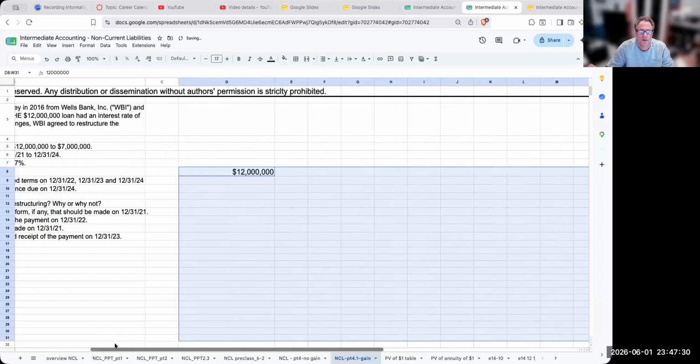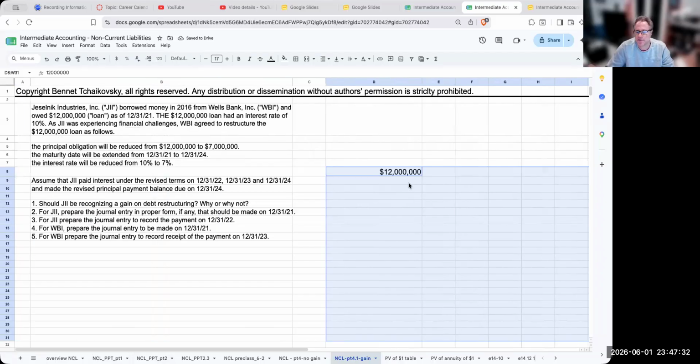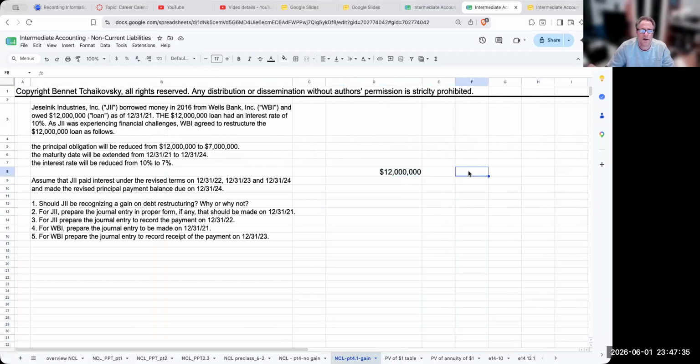So this is going to be the amount that is basically going to be owed. Now, this is the old amount. The new amount is basically going to be 7 million. That is going to be due on 12/31/24.